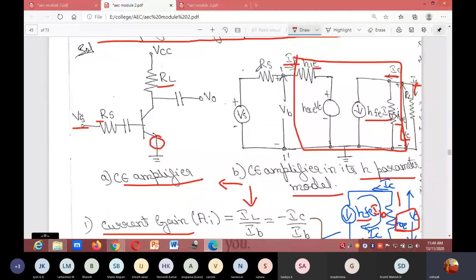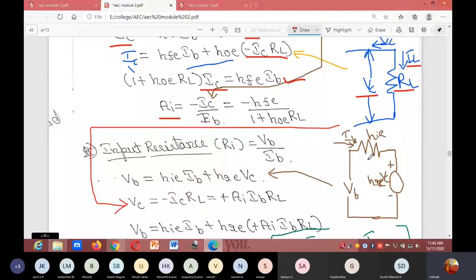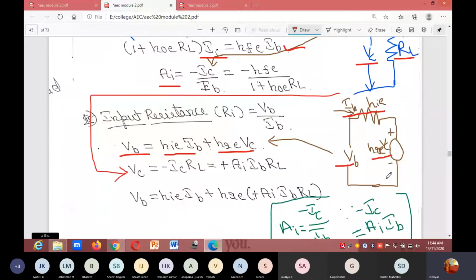I have considered this one. So when you apply loop, what you'll get? VB is equal to HIE into IB plus HIE into VC. You can observe this figure. VB is equal to IB into HIE plus HIE into VC.